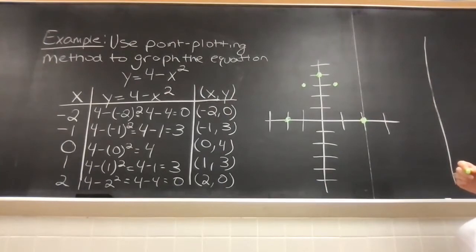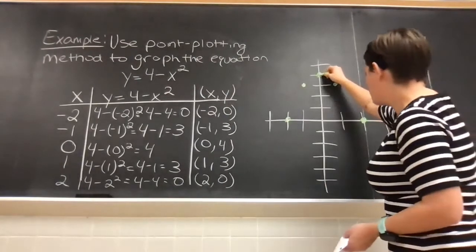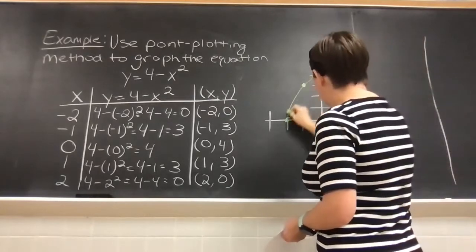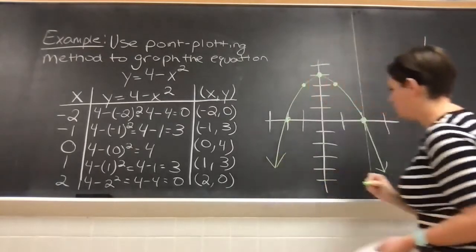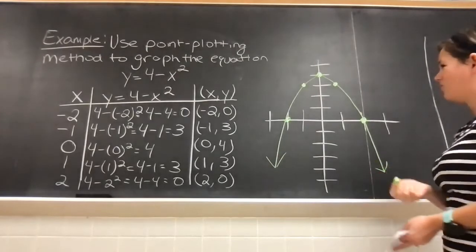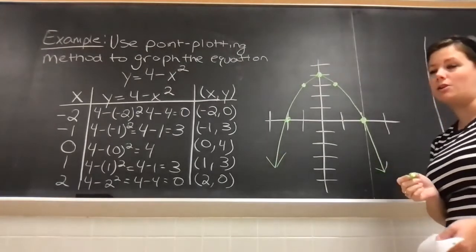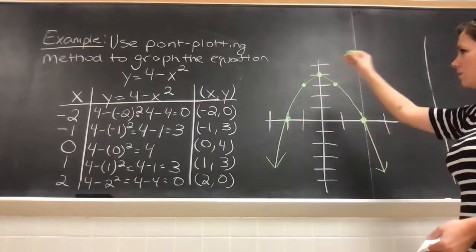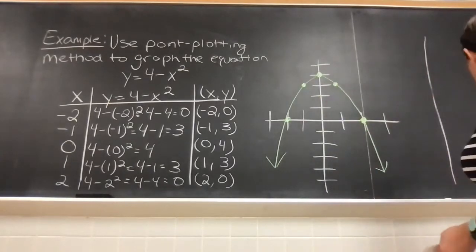I just plotted the points we found, and then I'm going to connect them. And we get an upside down parabola or quadratic. You don't necessarily have to know that right off the bat. We'll have a whole chapter on quadratics later on in the semester. But this is how it looks.